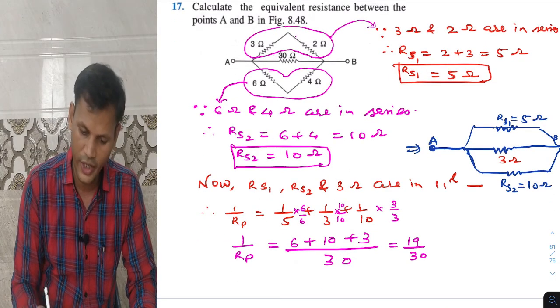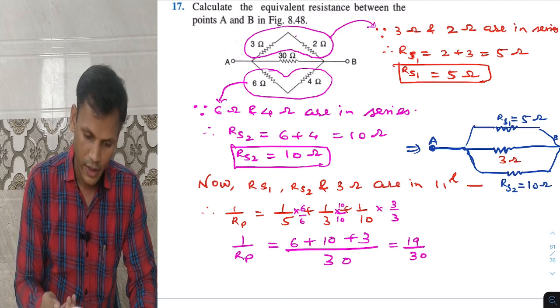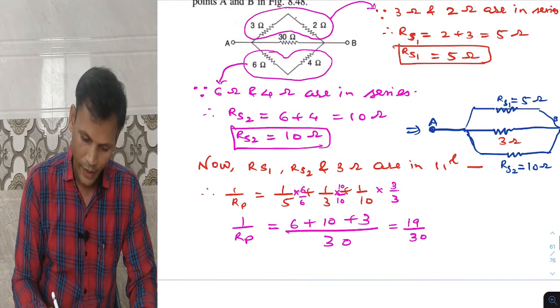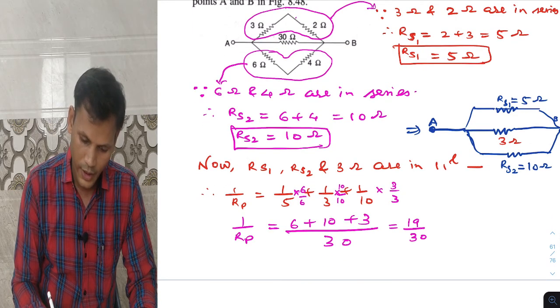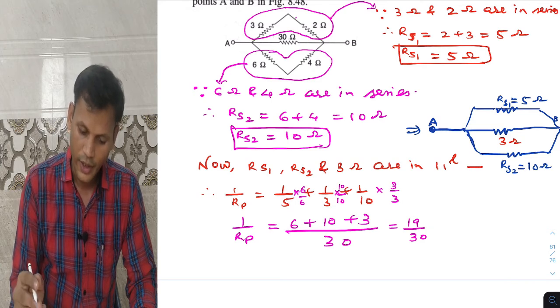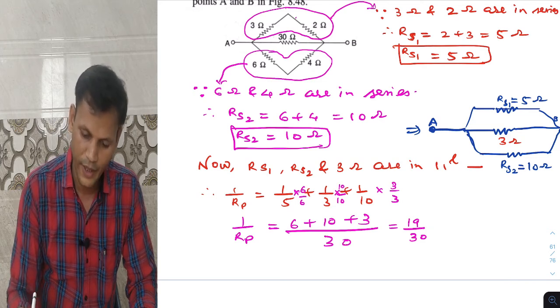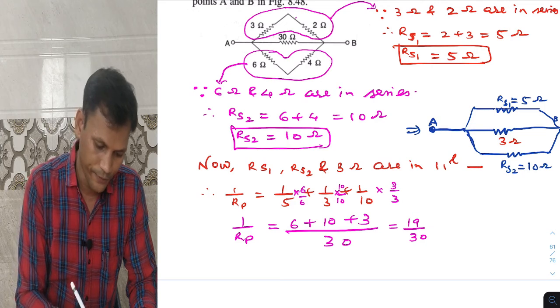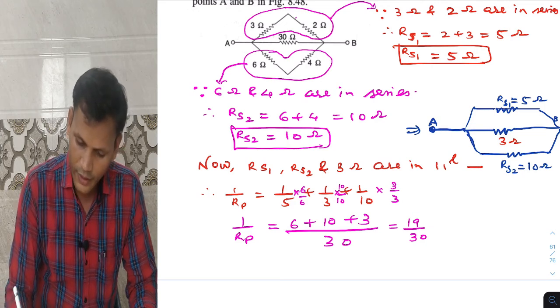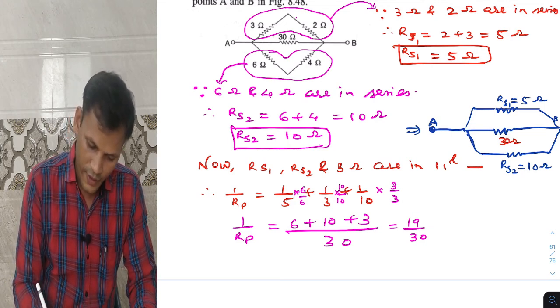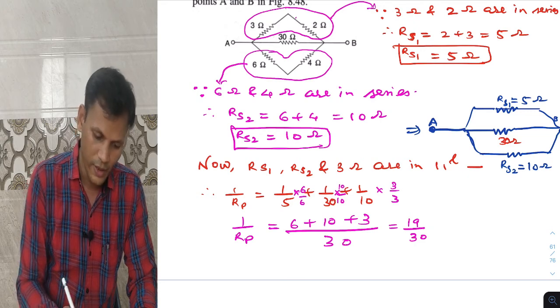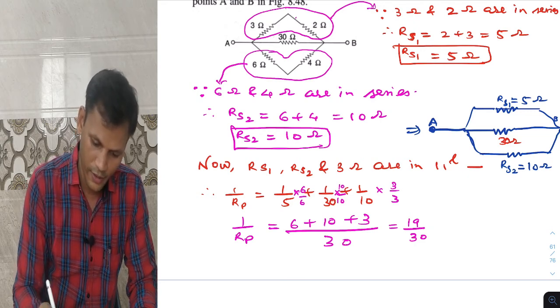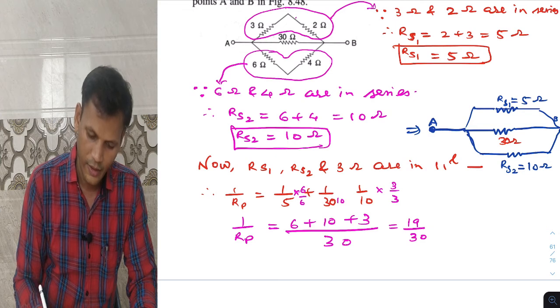Let me cross check once. Sorry, the denominator is 30, one mistake I made. It is 30, not 3. So there is no need to multiply it by 10 again.